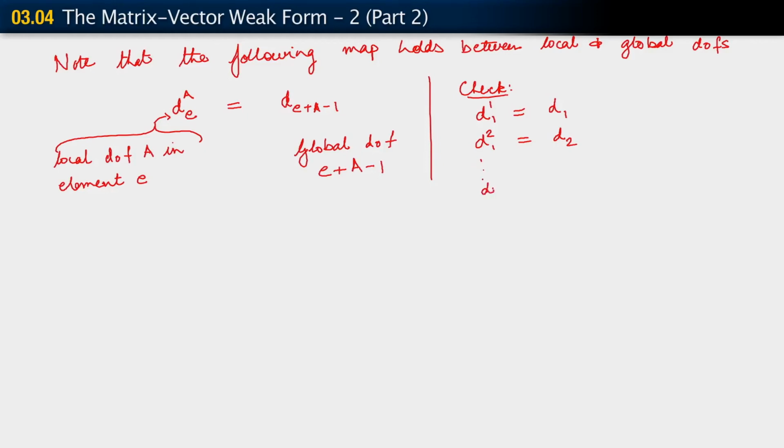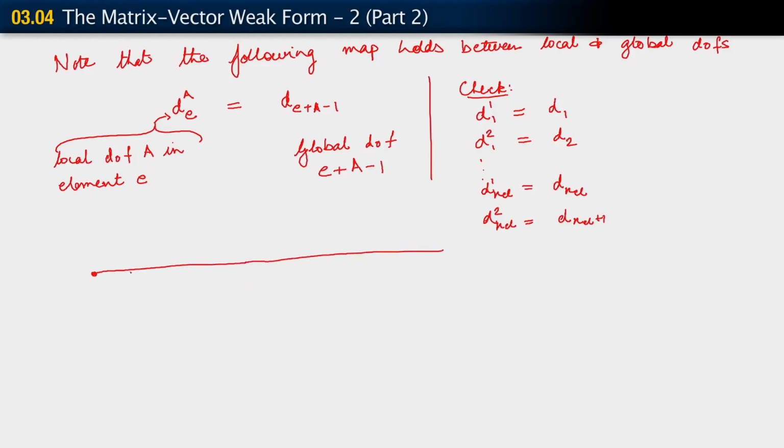So when we have D^NEL_1, this is equal to, now E equals NEL, A equals 1, so we get D_NEL, and D^NEL_2 is equal to global degree of freedom, E equals NEL, A equals 2, we get D_{NEL plus 1}.